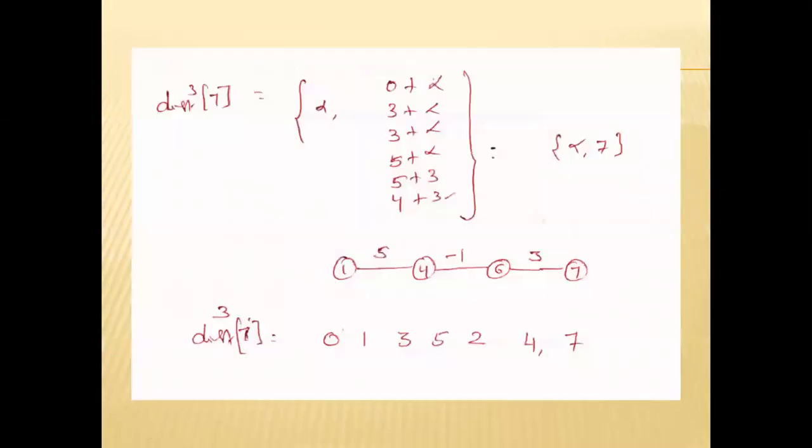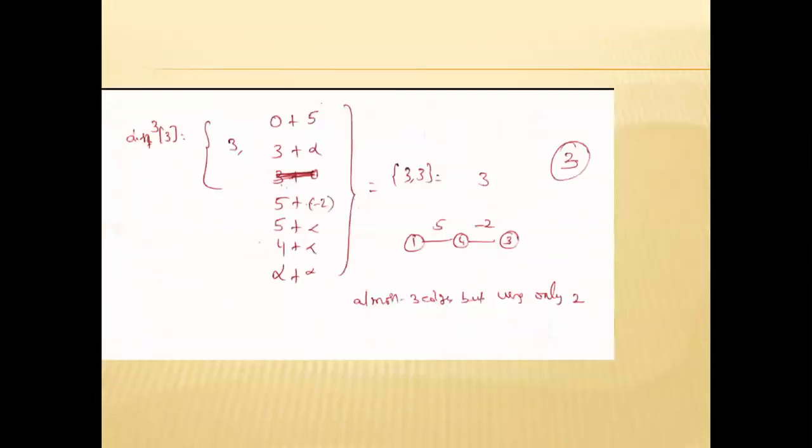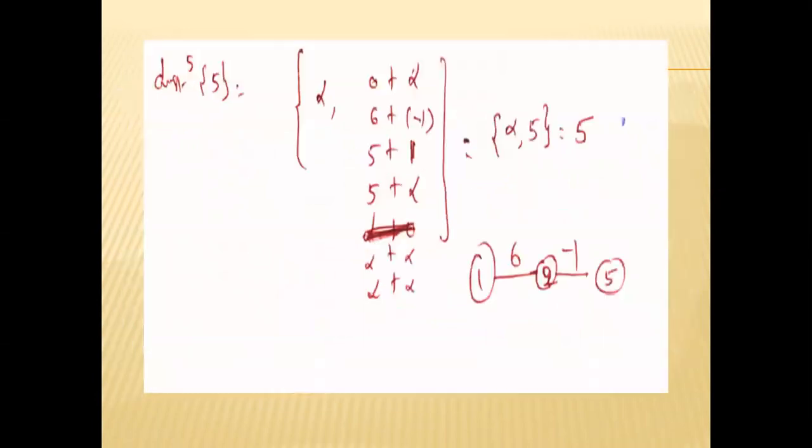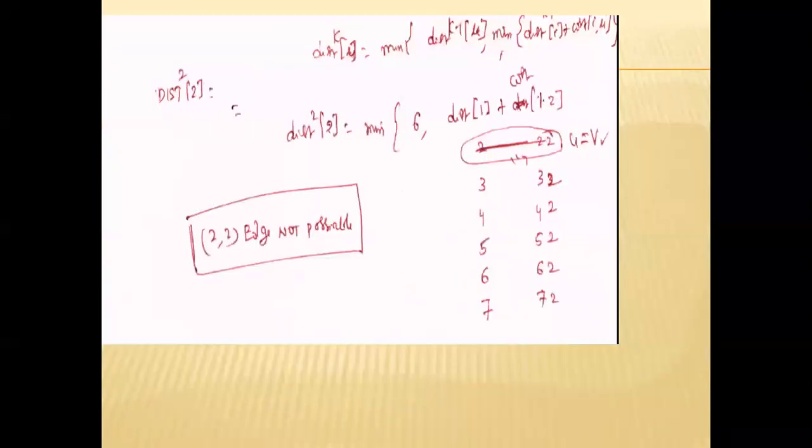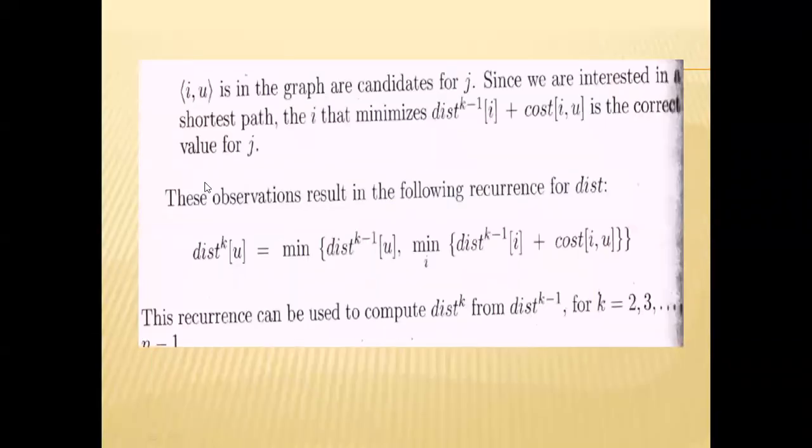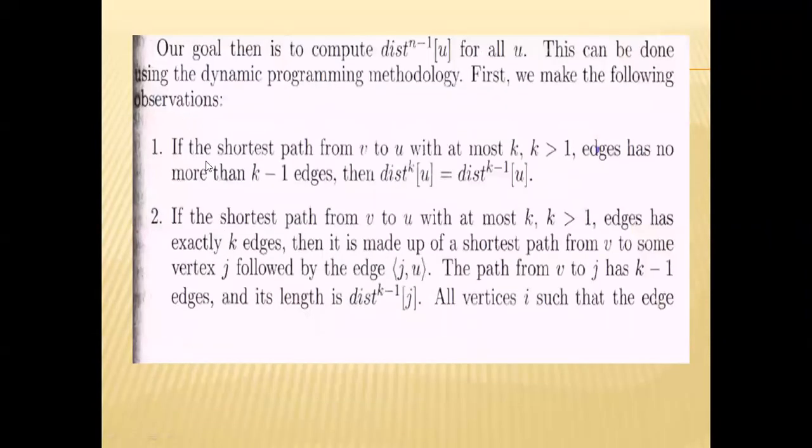The main formula for finding the shortest path is distance power k. Here, distance power k of u is the minimum of distance power k minus 1 of u, and the minimum over i of distance power k minus 1 of i plus cost of i comma u. That is the main problem. The problem is generated by using 2 rules: the first one is a shortest path, and the second one is also a shortest path.